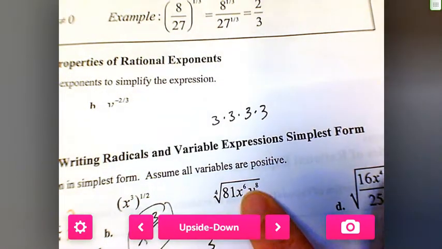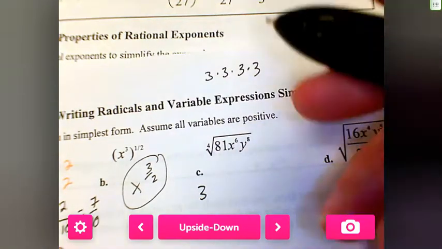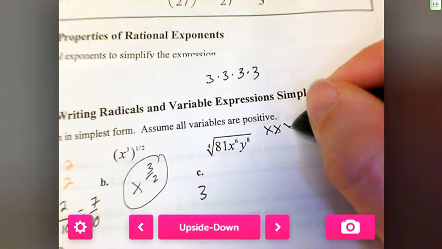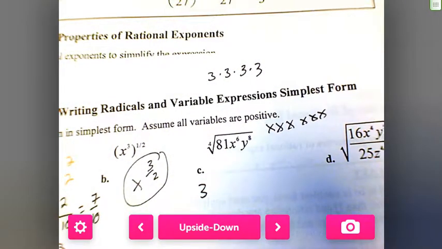Now I'm looking at x to the 6th. I like to write it out at first. I've got 6 x's. Now let's pretend we need 3s of something. You know how when we did 2s, we did like how many pairs of socks? This is like you need 3 in order to call it a group.